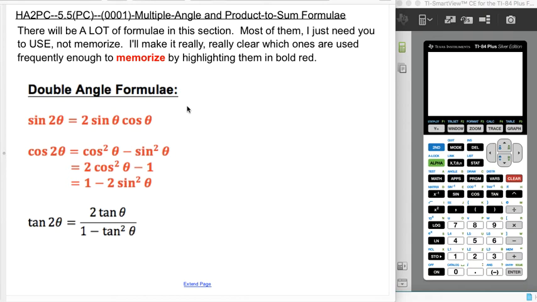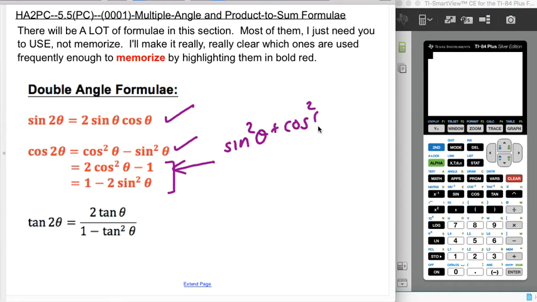Now, you could argue that if you just memorize this one, and this one, you could be okay. These two are what you get if you use sine squared theta plus cosine squared theta equals 1 to rewrite cosine squared theta minus sine squared theta.